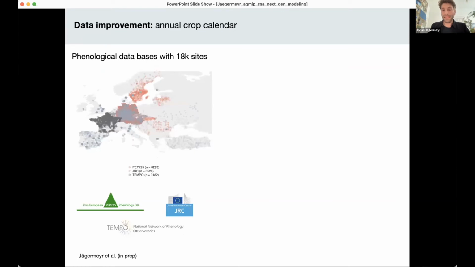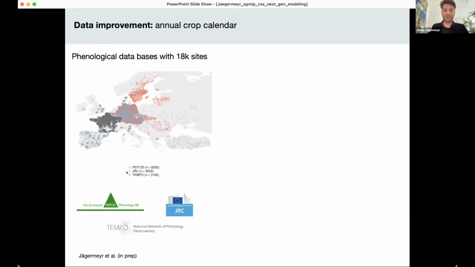Speaking of planting dates, for the global crop modeling work we, as I said, usually assume constant crop calendars, of which we developed a new version for the current work. But there is a wealth of data available that we can scrape and create an actual annual product, which I'm currently leading.